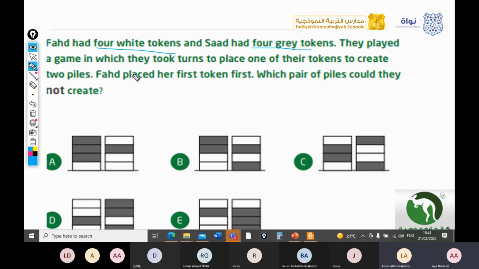Fahd placed her first token first. So at the first, Fahd. At the second, Said. Which one of these is not correct? There is one that is not true between them.